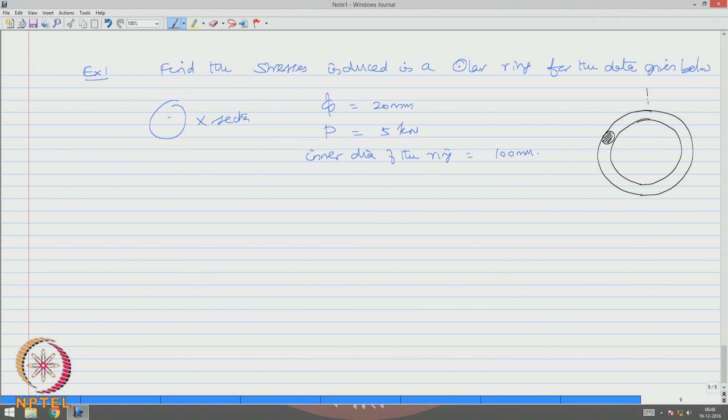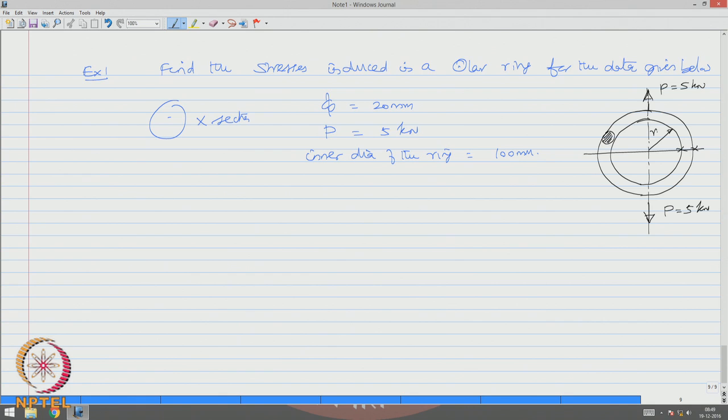The ring is subjected to a vertical load or a pull, which is 5 kilonewton. Let us take a cross section and try to find the stresses at this point.